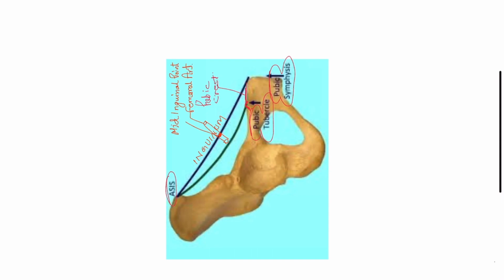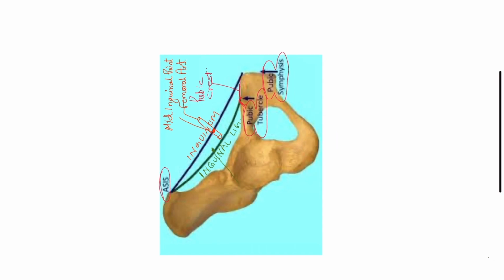Then you're seeing another structure in green color. From ASIS till pubic tubercle, there is a ligament. This ligament has a slight convexity downwards, and this is called the inguinal ligament. So there will be a point somewhere here.